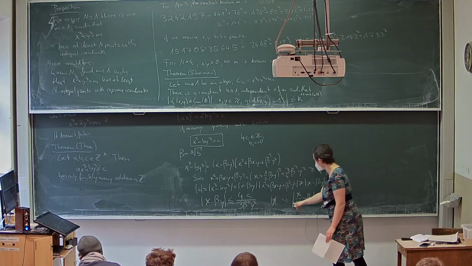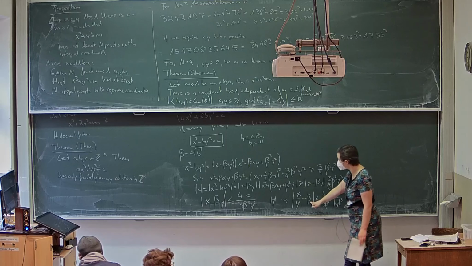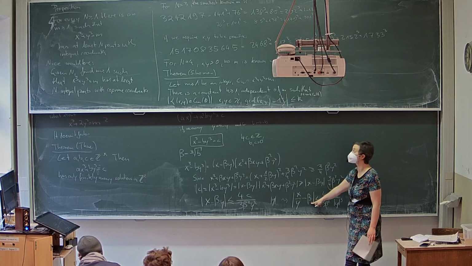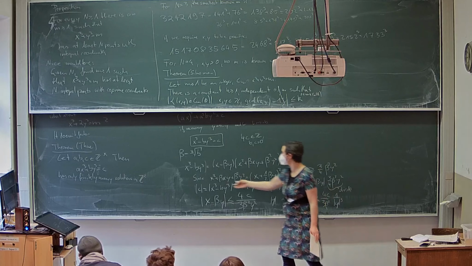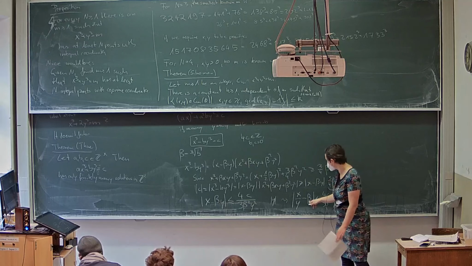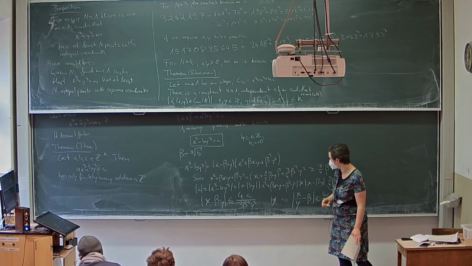So beta is the cube root of b, which is not a natural number and also not a rational number, because otherwise we just could have factored this. So this is not a rational number. This is a rational number.